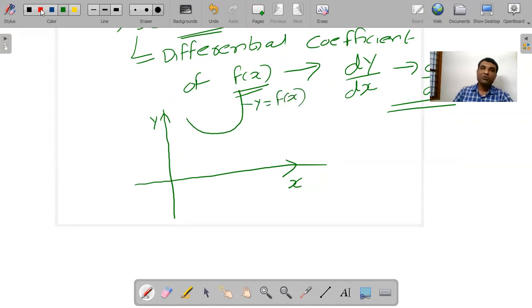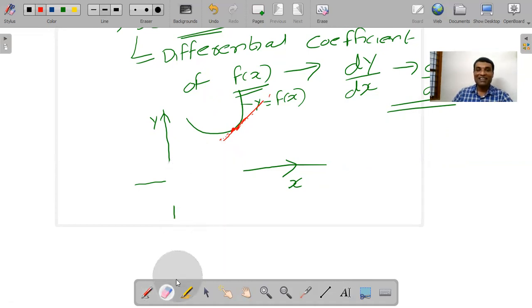Now I am choosing a point here, and drawing a tangent at this point. A tangent means that it will touch only a single point. So this line is the tangent line at this point.